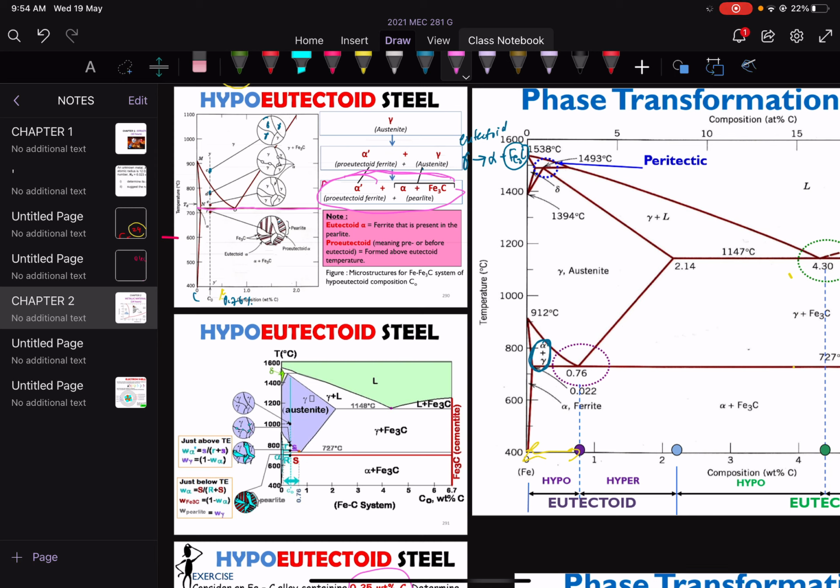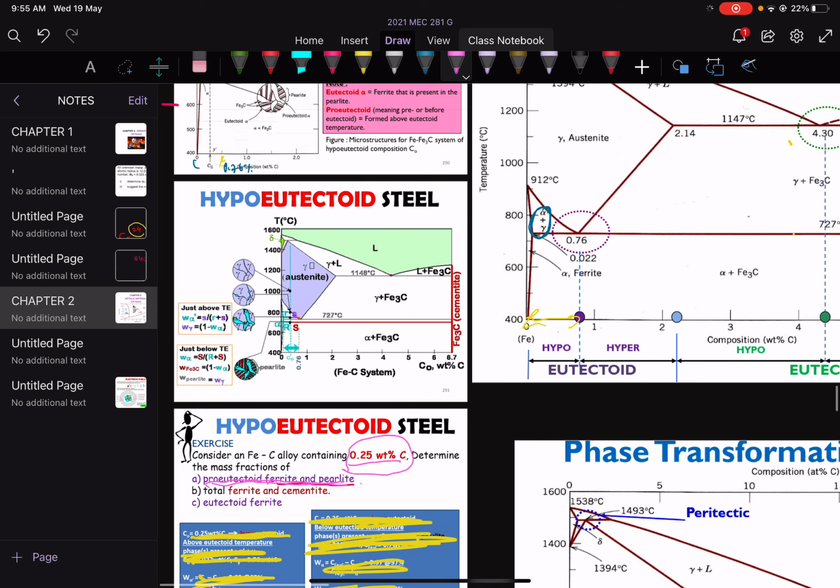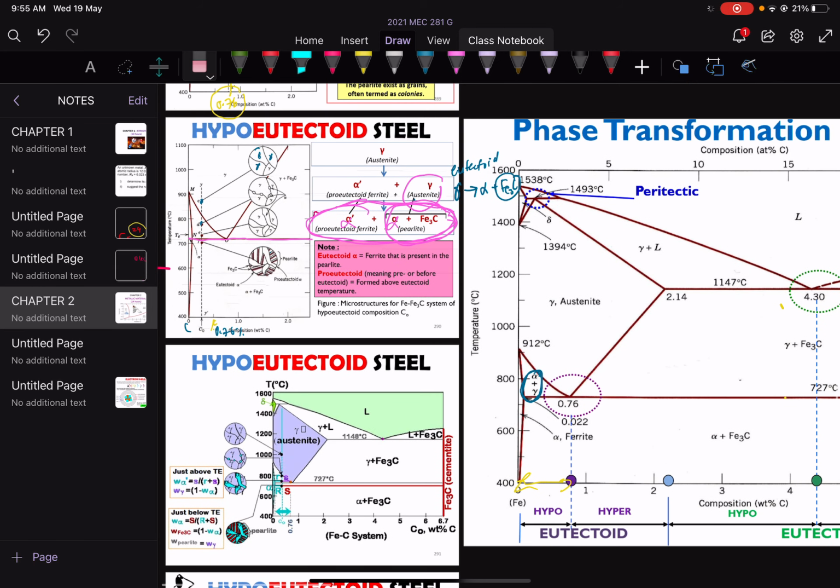However, if we look below the eutectoid temperature, we can see the alpha pro-eutectoid ferrite and pearlite, which consists of alpha plus Fe3C. All of the pearlite is 100% from gamma. So if the question asks you to find pro-eutectoid ferrite and pearlite, we actually have to find the pro-eutectoid ferrite and gamma, which 100% will transform into pearlite.